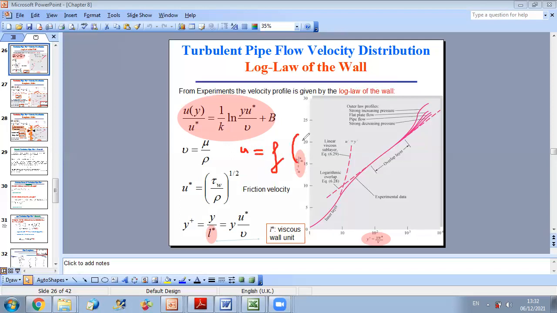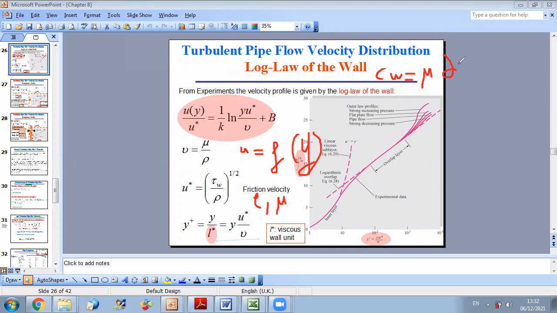So I should ask myself, what are the parameters that can affect the velocity profile? First, since I have a flow, I need as parameters rho and mu. And since I want u as a function of y, in general, the shear stress on the wall, which will account for the viscous effects that will affect the flow behavior, is mu del u by del y.